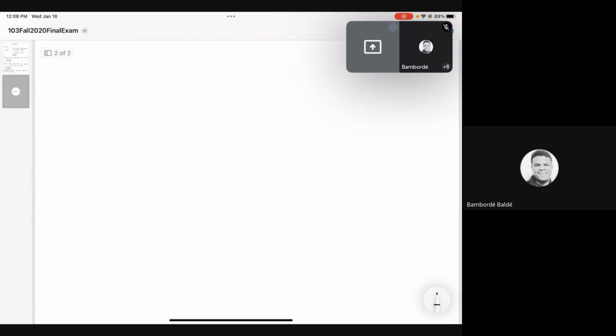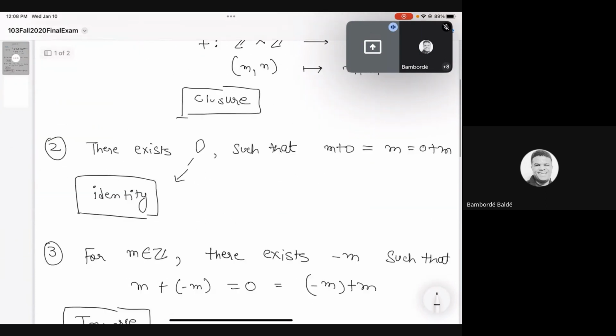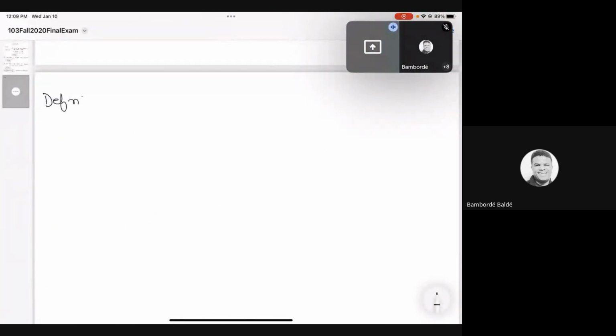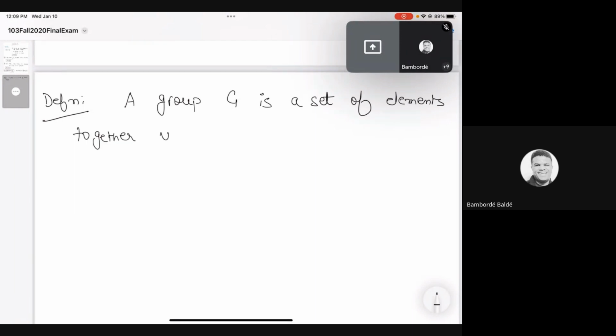Generally, a group, abstractly speaking, to give a definition: a group G is a set of elements together with an operation.